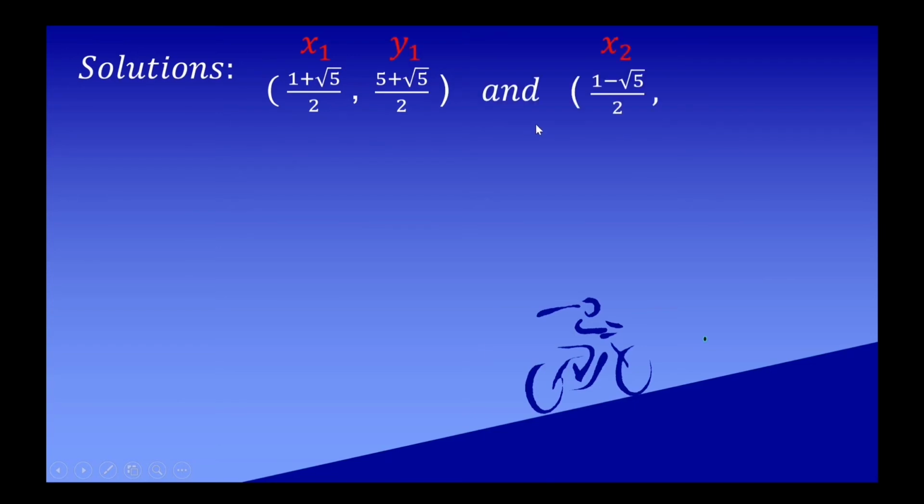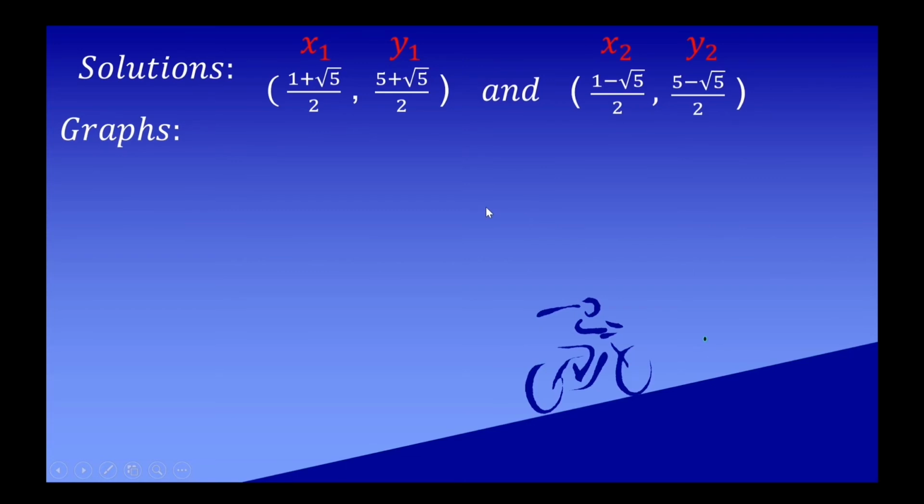So we have x sub 1 and y sub 1, then x sub 2 and y sub 2. For our x sub 1, that is 1 plus square root of 5 over 2, then y sub 1 is 5 plus square root of 5 over 2. And our x sub 2 is 1 minus square root of 5 over 2, then y sub 2 is 5 minus square root of 5 over 2.